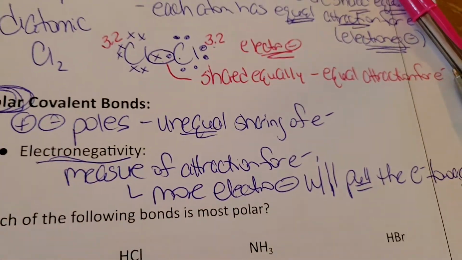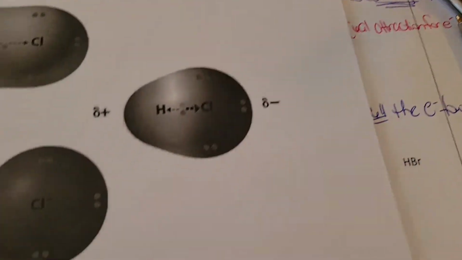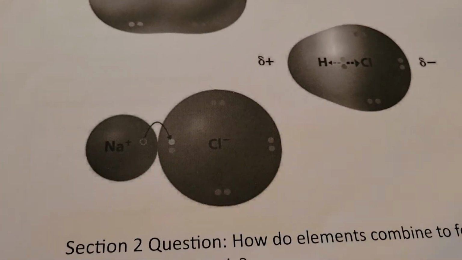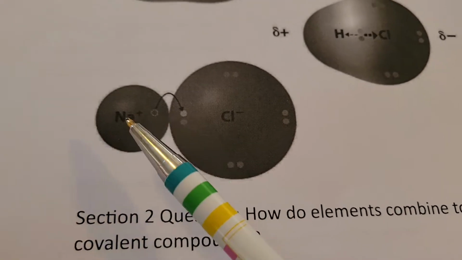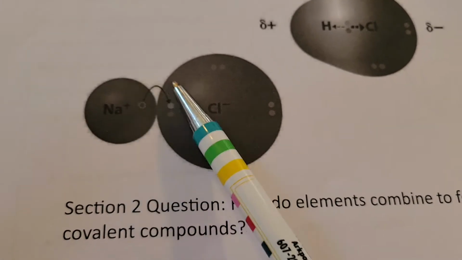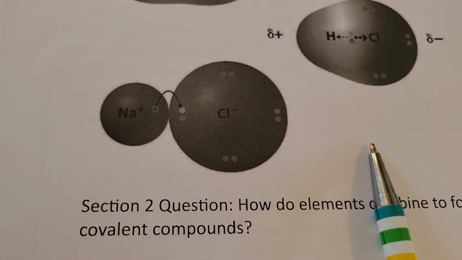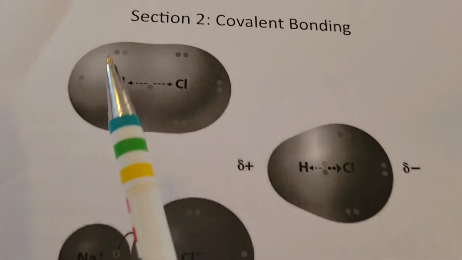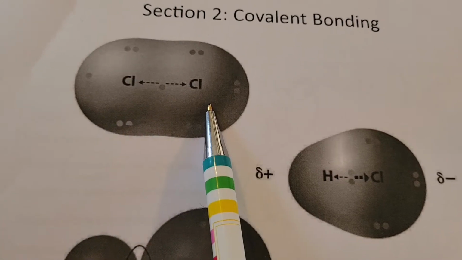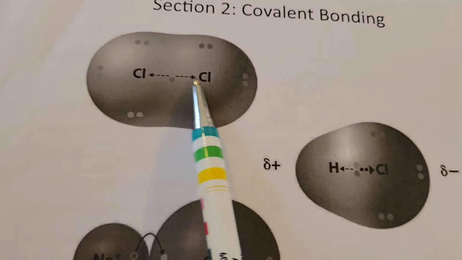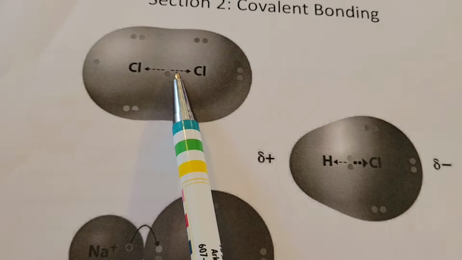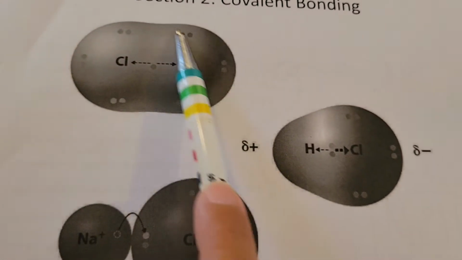If we look back at the front cover, this was ionic, a metal and a nonmetal. It was giving an electron, so completely positive ion, completely negative ion. This would be an example of our nonpolar. These electrons have equal pull, being shared evenly. So it's nice and symmetrical.